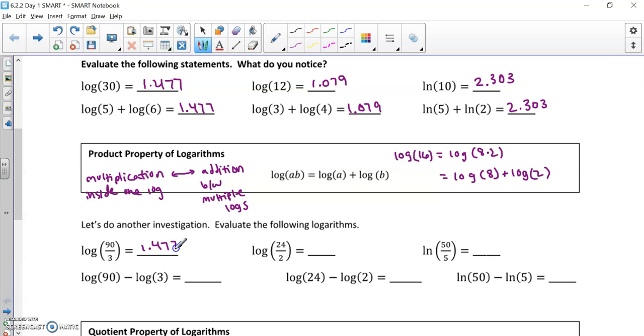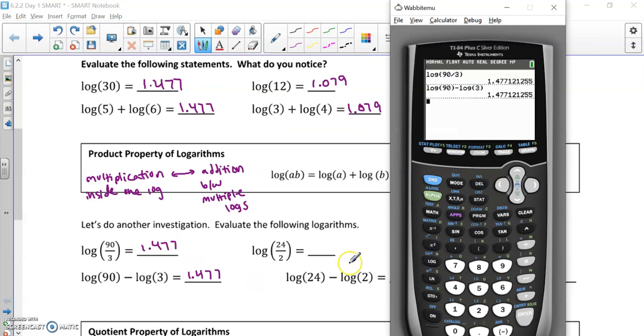All right, let's do the next one. Log of 24 divided by 2, versus log of 24 minus the log of 2.